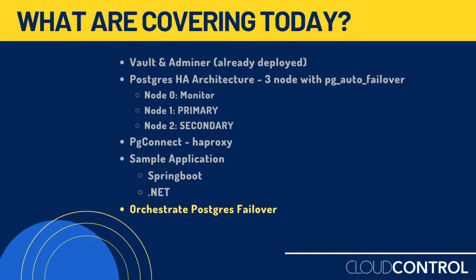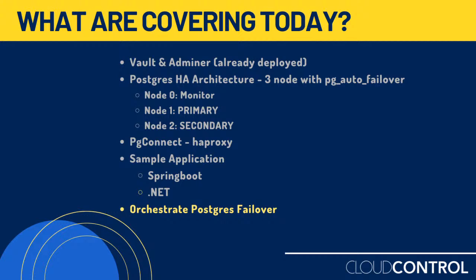What we had done was a Postgres HA setup on a Kubernetes cluster running on a private data center, in this case, a Nutanix platform. The cluster was one master and three worker nodes, and we had set up Postgres HA using PG auto-failover.